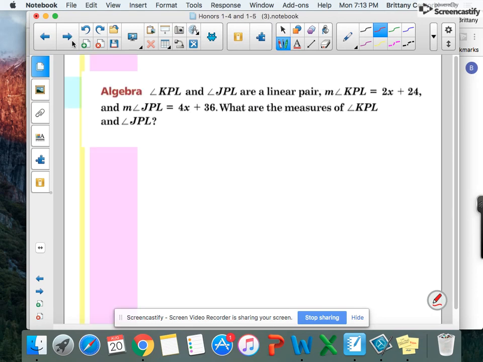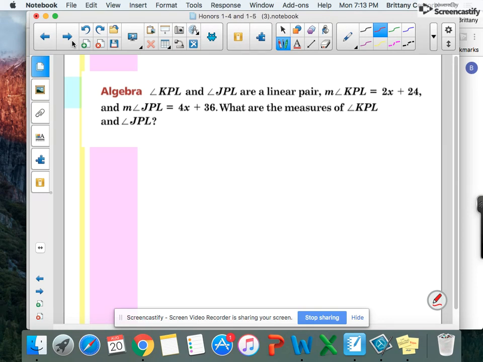All right, our next example says that angle KPL and angle JPL are a linear pair. So we are going to, again, add them to equal 180 degrees to solve for x, and then we are going to plug back in to find the two angles.